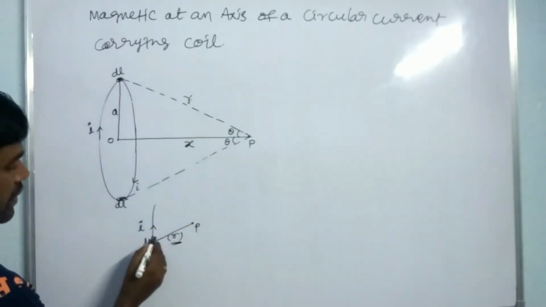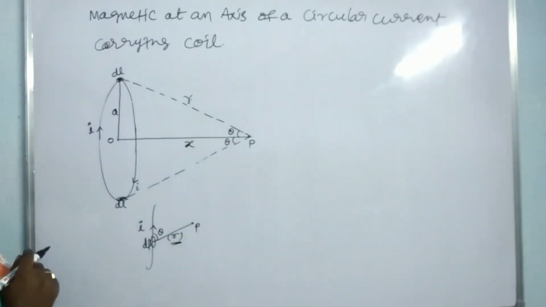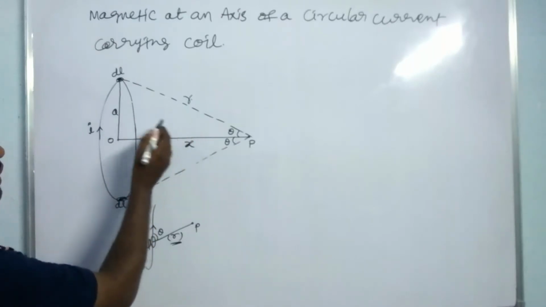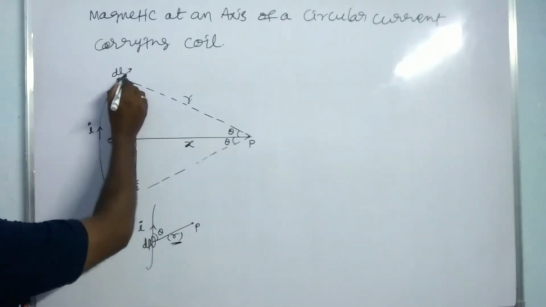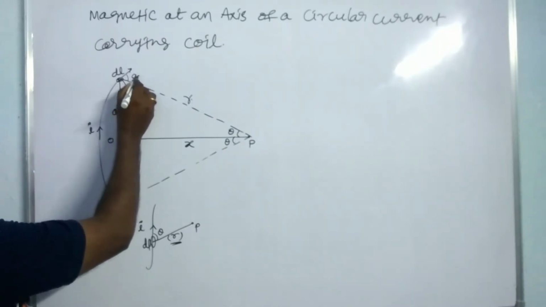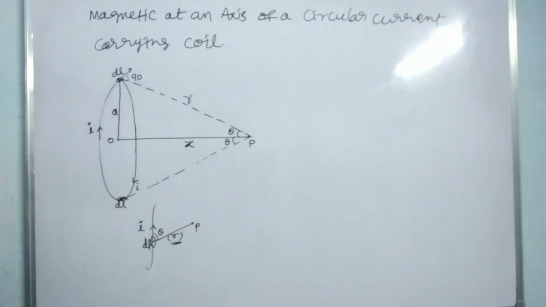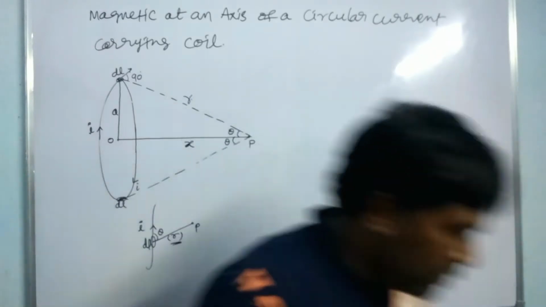The angle between the direction of dl and r is 90 degrees. Clear?